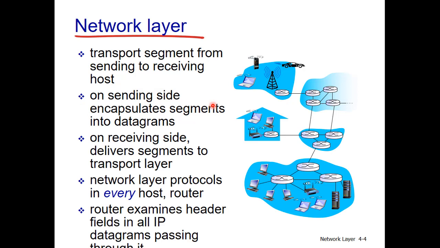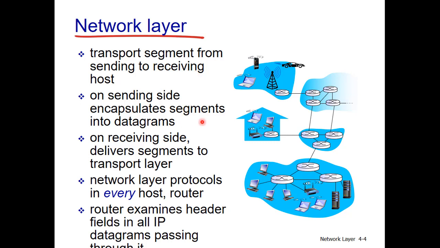The network layer transports segments. A segment is the message plus the header of the transport layer. The network layer transports that segment. It is the layer lower than the transport layer. It transports the segment from the sending to the receiving host.